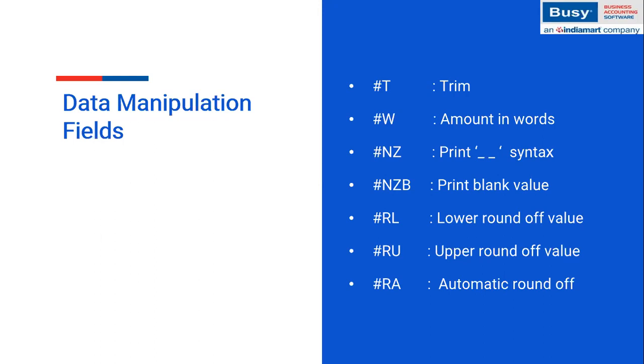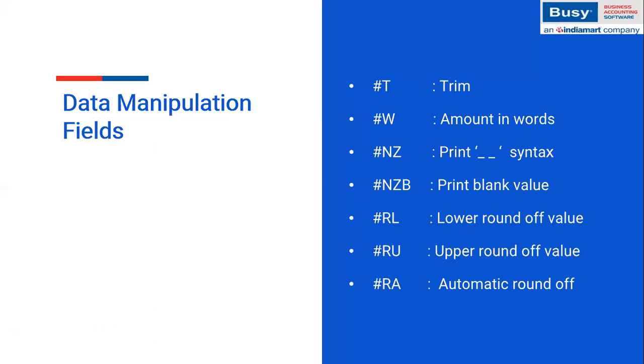If I apply hashtag W to the amount field, it will print the amount in words. If I apply hashtag NZ, it will print dashes instead of a blank value. Let's suppose 20 characters are configured. It will print the dash sign shown in NZ instead of a blank value.